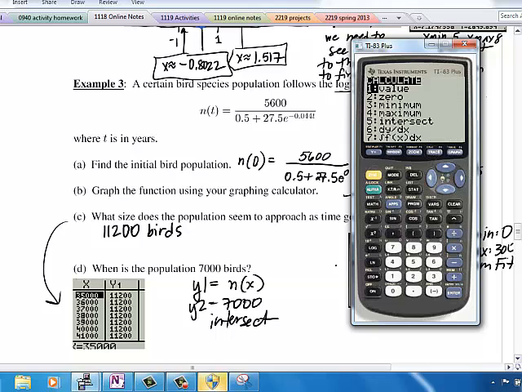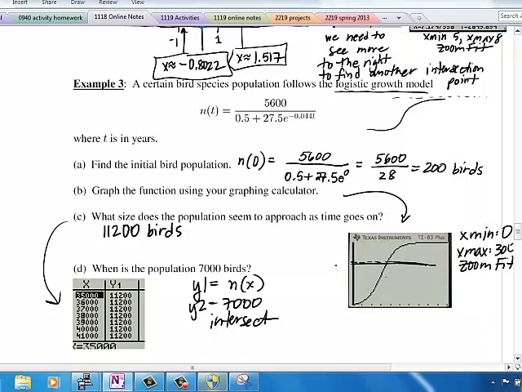Find the intersection point, so option 5. Looks like about 102.69. So approximately 102.7 years.